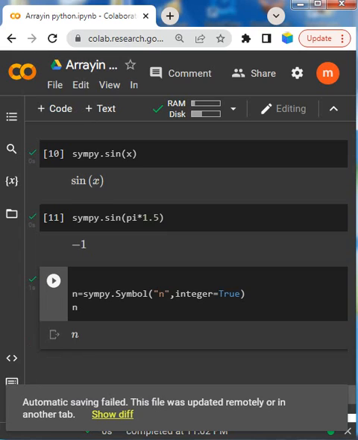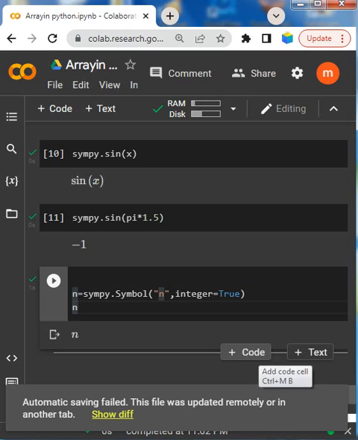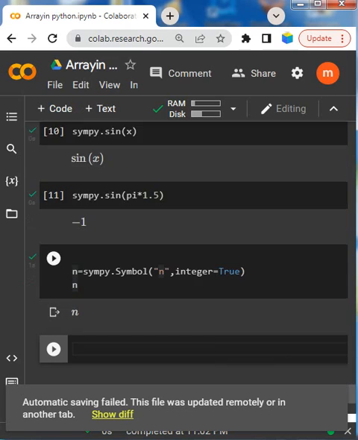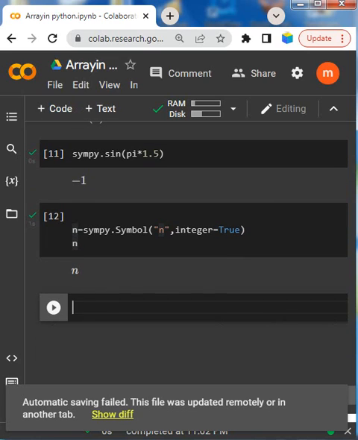Okay, so if I write here the same way, I can write sympy.sin(pi * n).